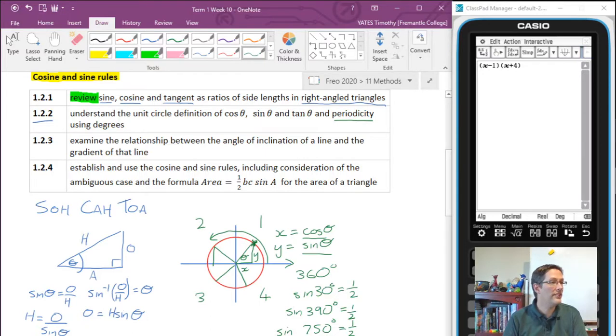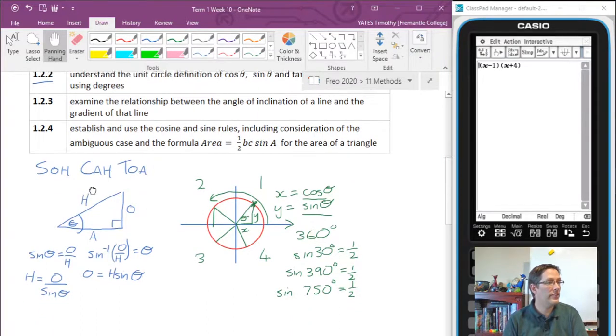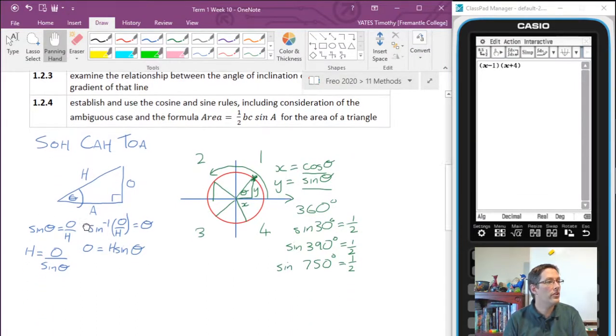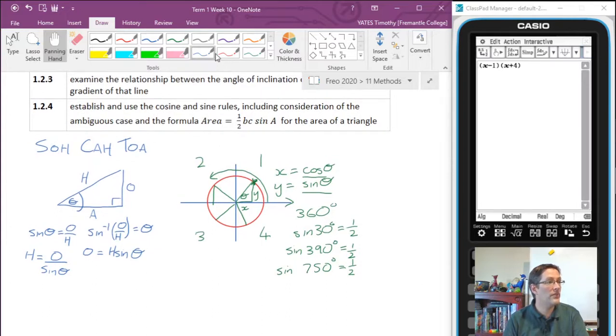So that's the unit circle definition. The relationship between the angle of inclination of a line and the gradient of that line involves tan theta. So tan theta, in fact, I'll just write it underneath.